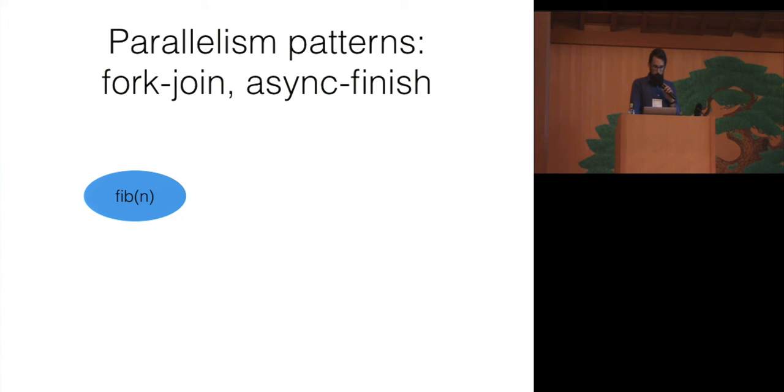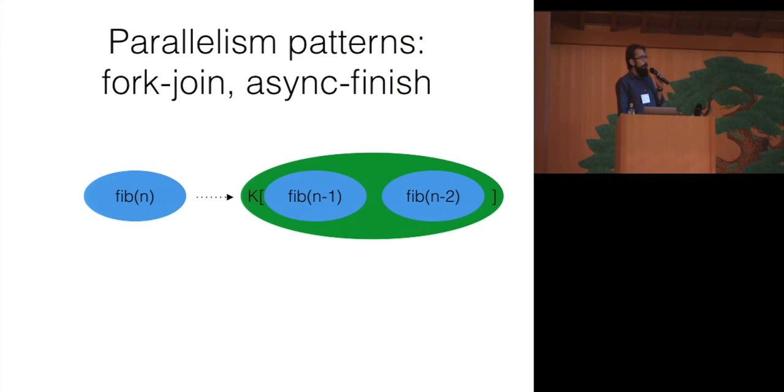If we look at the fork-join, if we try to compute the Fibonacci number and n is big enough, we reach a point where we have an evaluation context over two subcomputations that can run in parallel: fib of n-1 and fib of n-2.